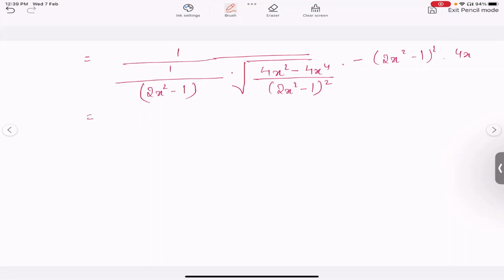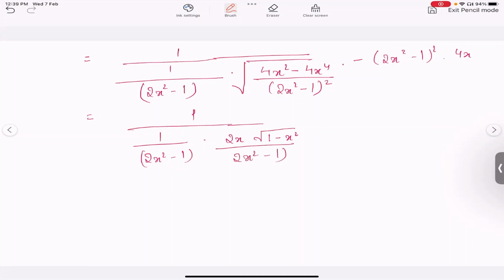So this will be equal to 1 by 2x square minus 1 times, we can take out 2 and x. What we are left with is square root of 1 minus x square, and by 2x square minus 1.